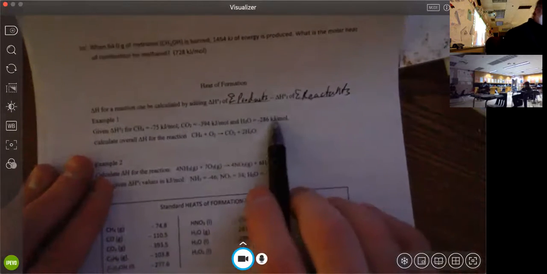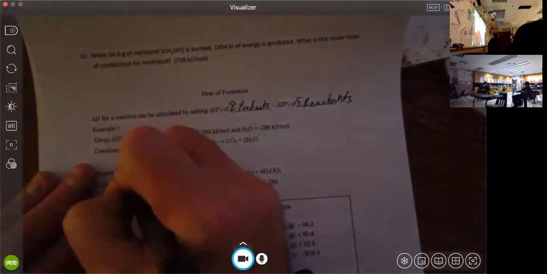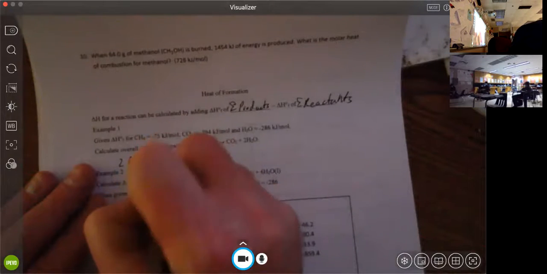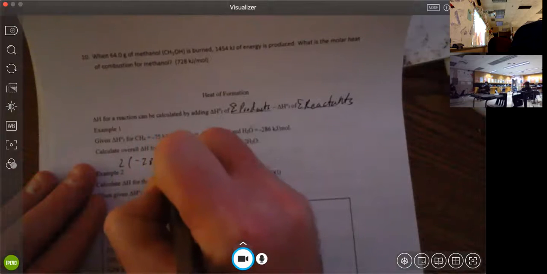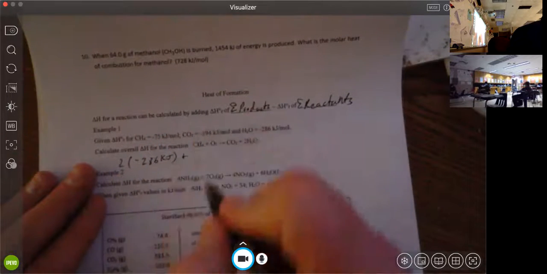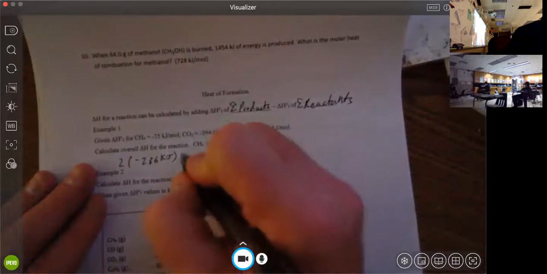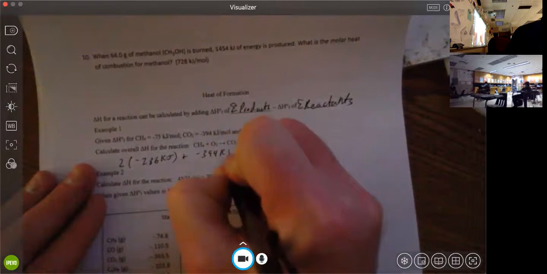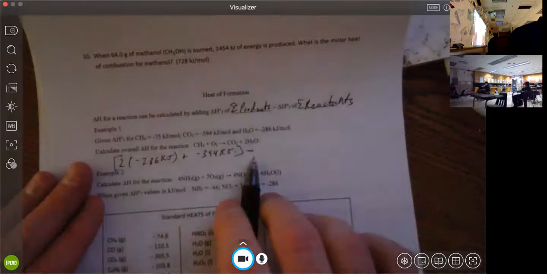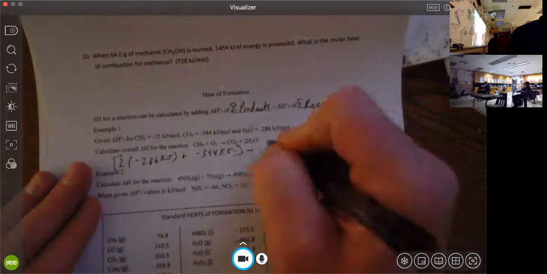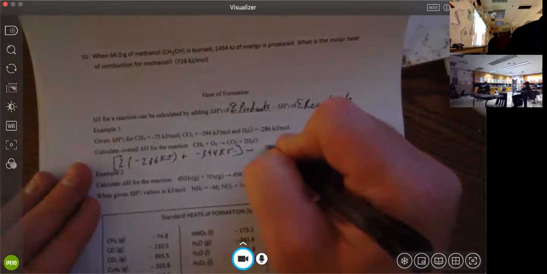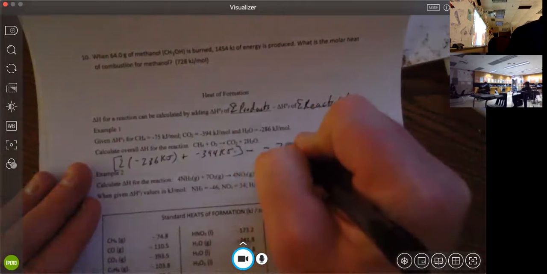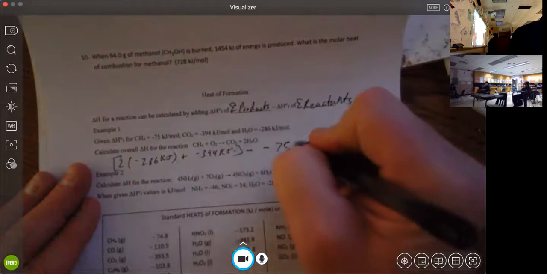So that means that we have 2 moles of water plus 1 mole of carbon dioxide, and we're going to subtract from that 1 mole of methane.